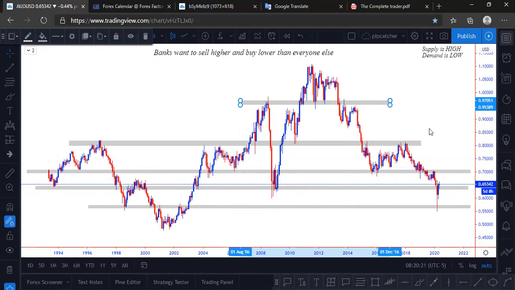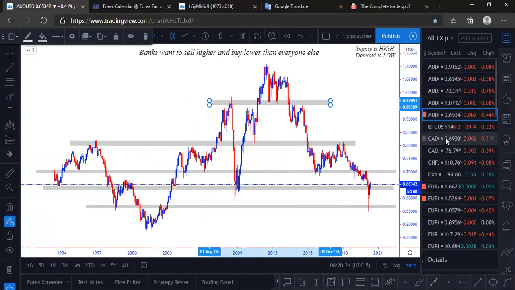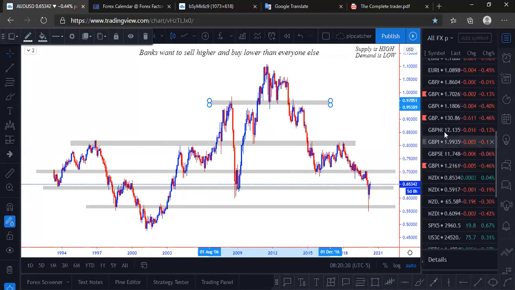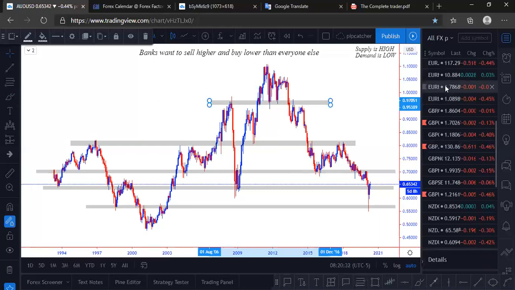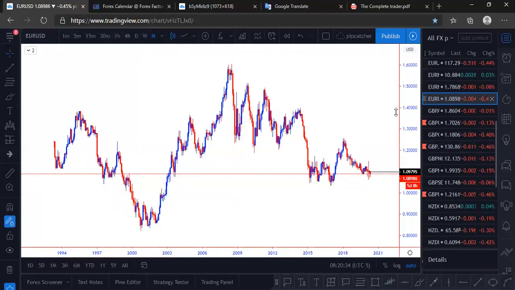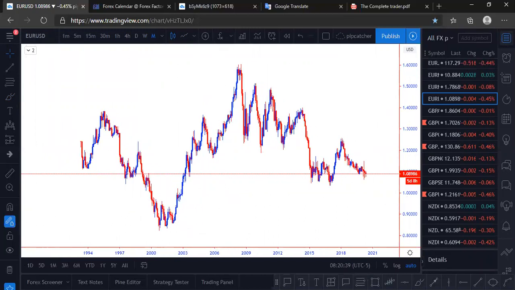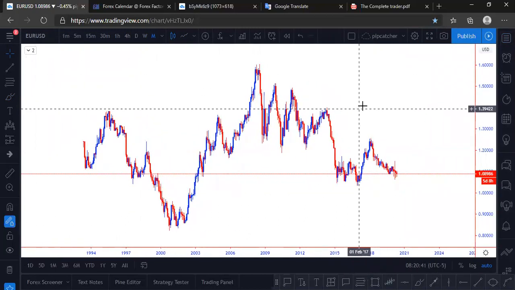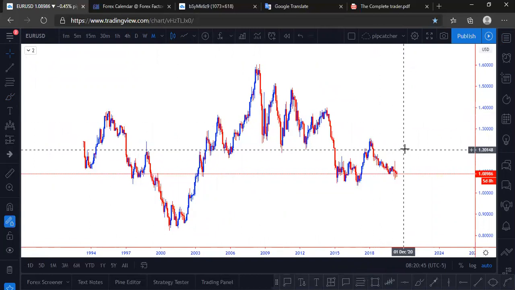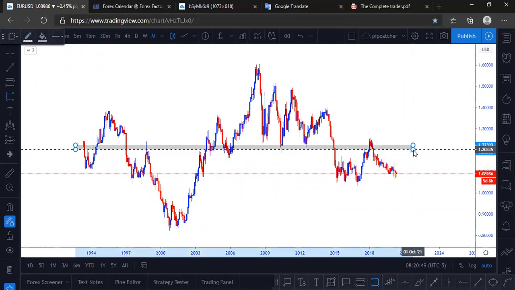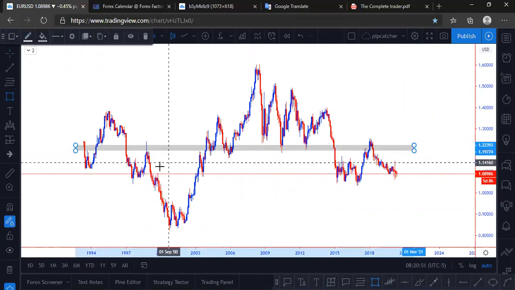Okay. So let's look at another pair here. How about we do EUR/USD? Okay, so we can mark out these zones right here on EUR/USD, like this zone here.